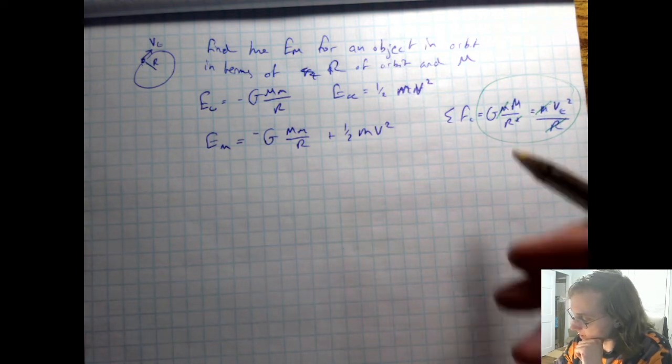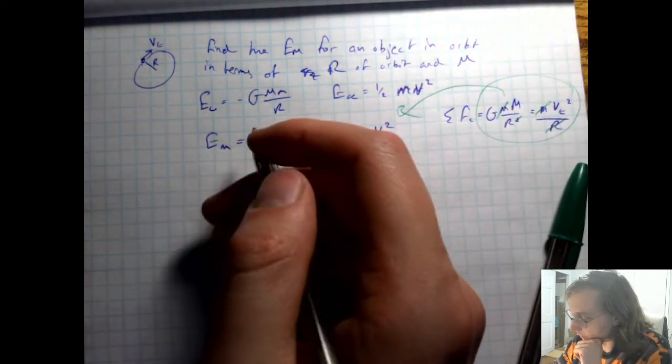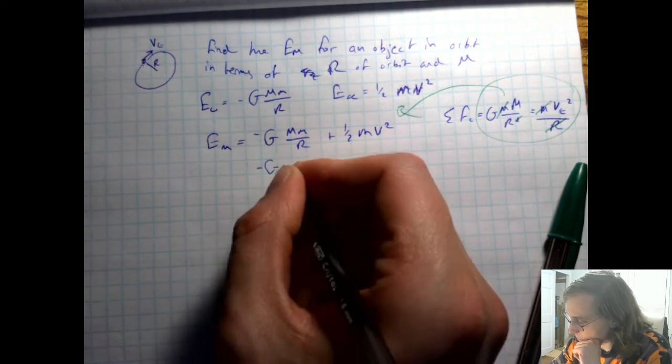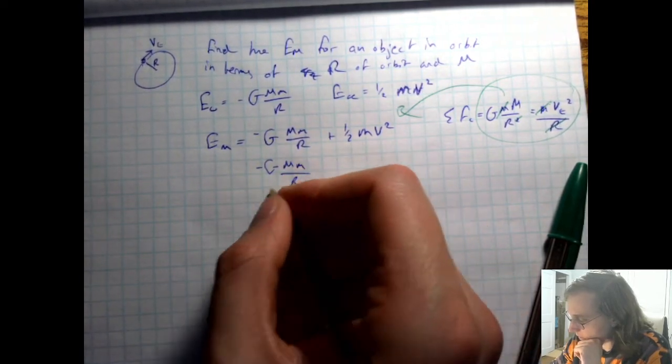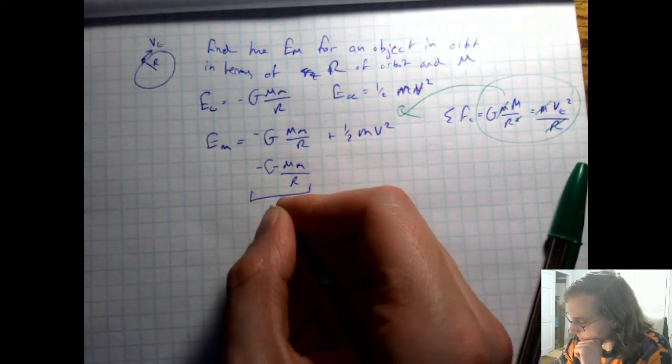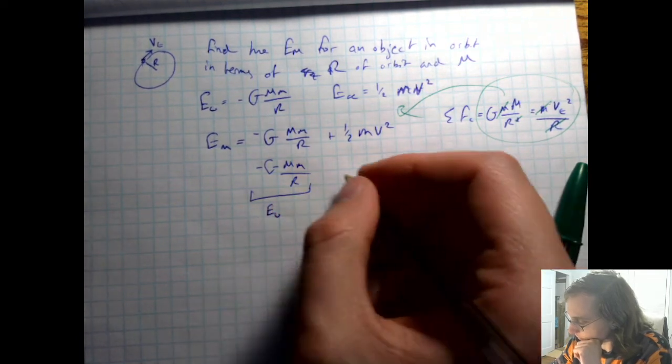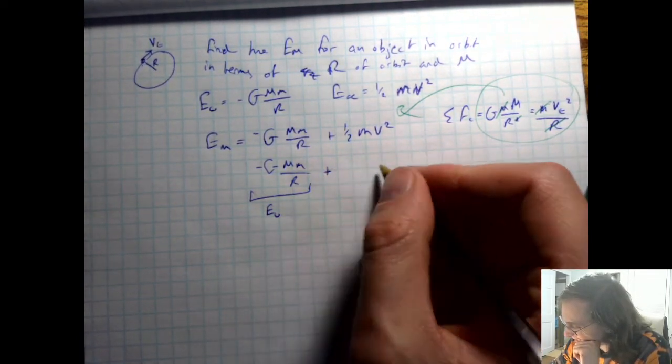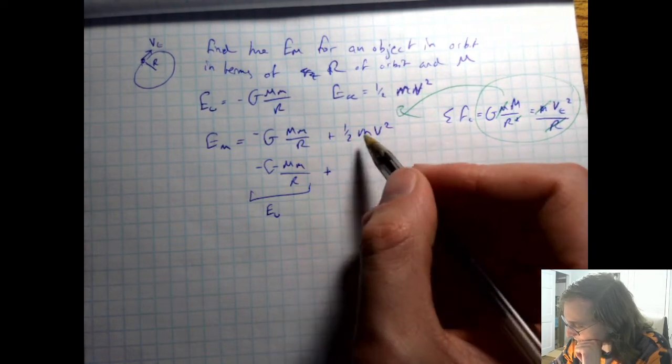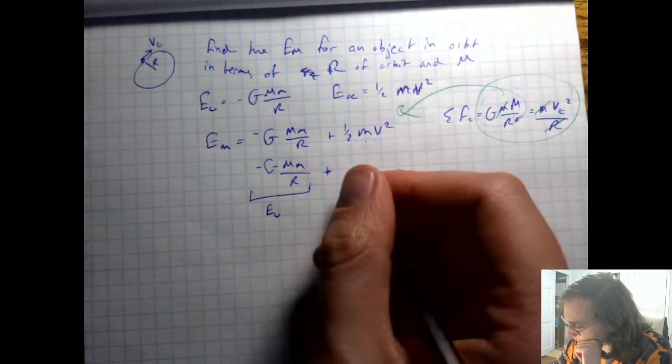If I take this and I plug it back in over here, negative G M m over r, which is our potential energy, plus 1/2 mass times this term.